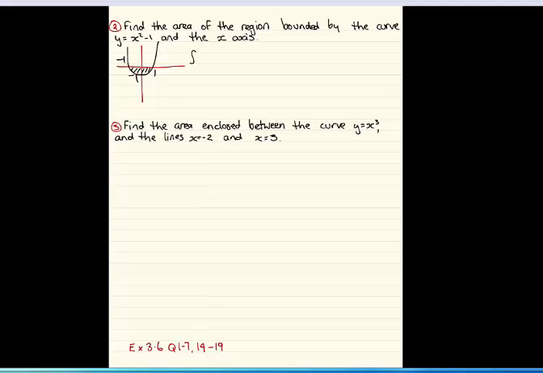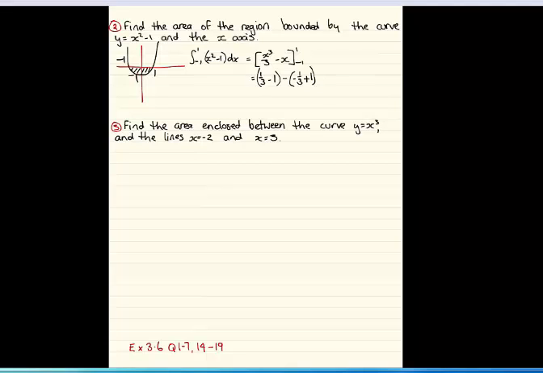So we're going from negative 1 to 1 of x squared minus 1 dx. Well, that's going to be the integral of x squared is x cubed over 3, minus x, and it's from 1 to minus 1. So when you substitute in, you end up with 1 cubed over 3, so a third minus 1, minus, and put in your negative 1, you get negative a third, and plus 1.